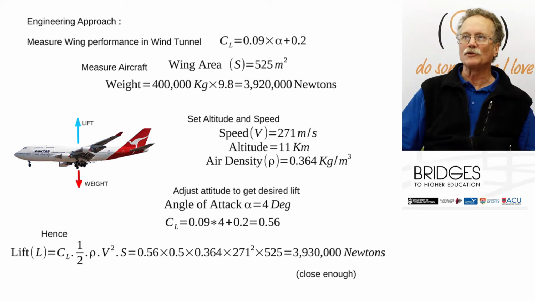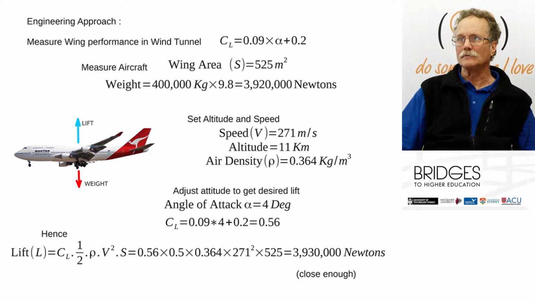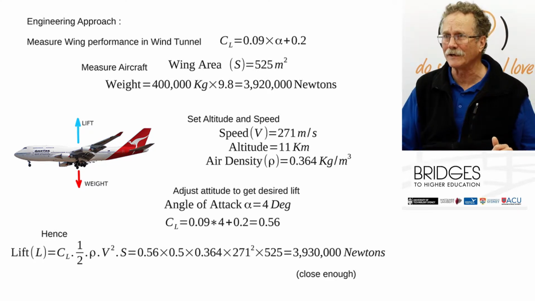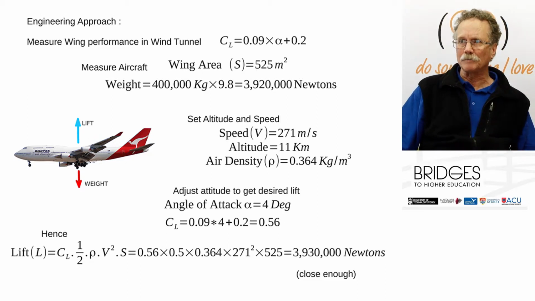Okay, if we remember the original formula, then we can calculate our lift coefficient from the known angle. We can measure the aircraft, we know its area, we know its weight. Now, weight isn't actually in kilograms, that's its mass, so we'll have to convert that to newtons. We know where we want to fly, at what speed and what altitude. We know at that altitude of 11 kilometres, the air density has dropped down to about 0.3 kilograms per cubic metre.